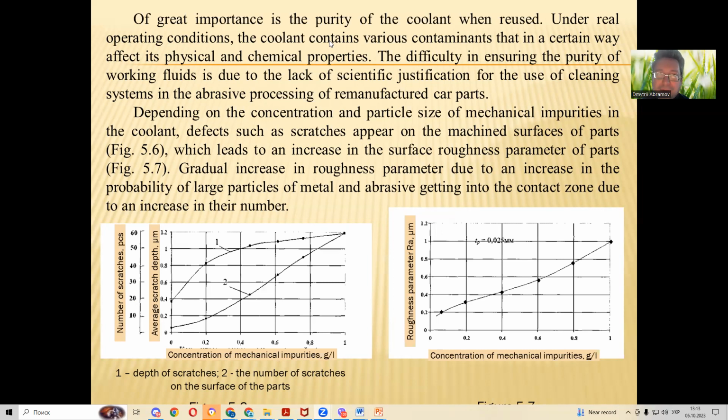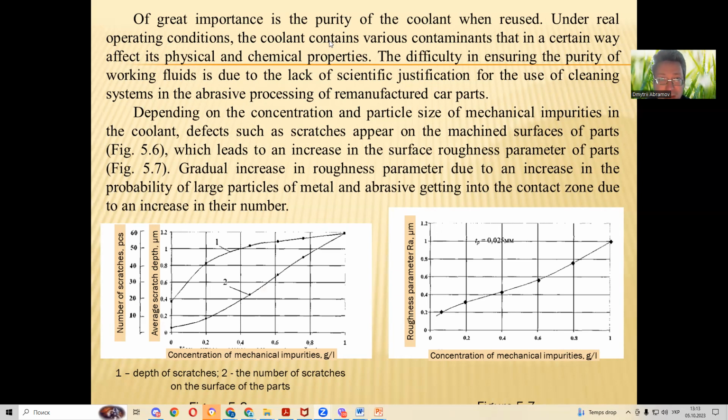Depending on the concentration and particle size of mechanical impurities in the coolant, defects such as scratches appear on the machined surfaces of parts, like in figure 5.6, which leads to an increase in the surface roughness parameter of parts in figure 5.7.